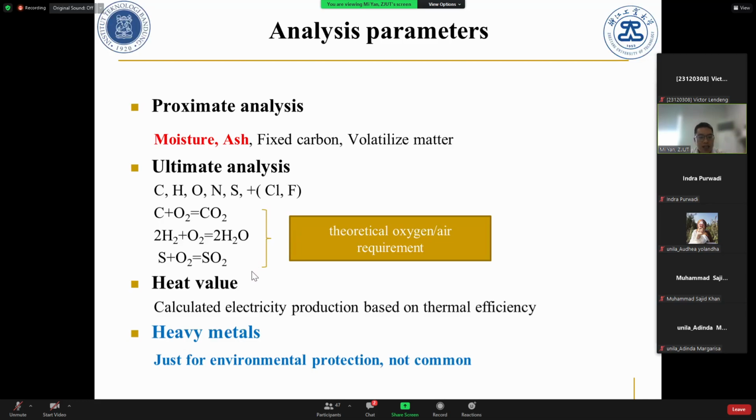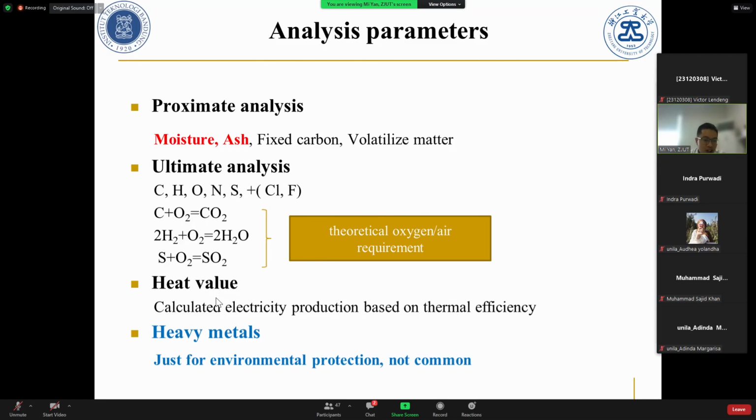By the way, when calculating the theoretical oxygen or air requirement, we don't calculate the nitrogen oxidation. We only calculate carbon, hydrogen, and sulfur. I don't know why. Maybe usually nitrogen is lower and nitrogen is not easy to oxidize, so we don't calculate it.